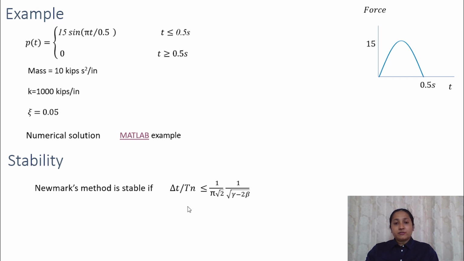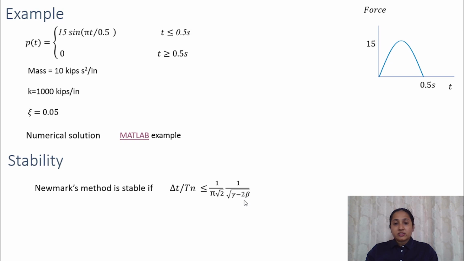If this value is less than this, then the method is stable, and if it is greater than this value, then the method is unstable. So it can give meaningless results. So we need to make sure that the time step we are choosing is such that this quantity is less than this.